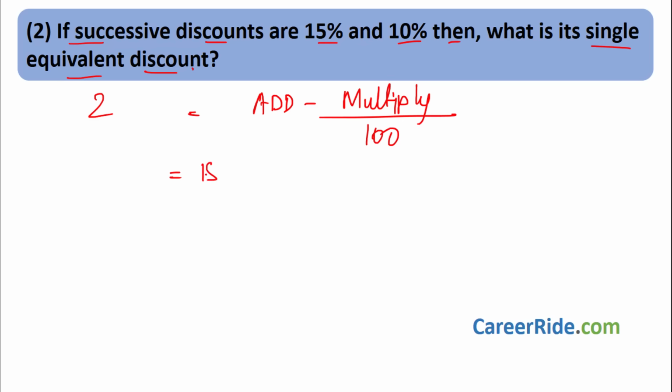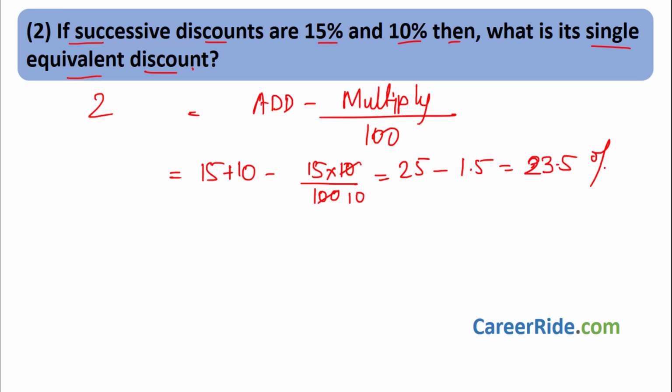So what would it be? 15 plus 10 minus 15 into 10 divided by 100, that is 25 minus 1.5, that would be 23.5%. Right? This is the single equivalent discount.